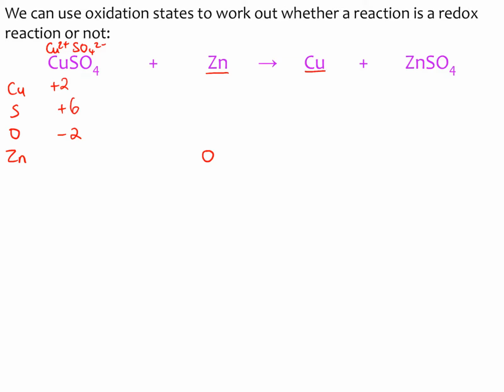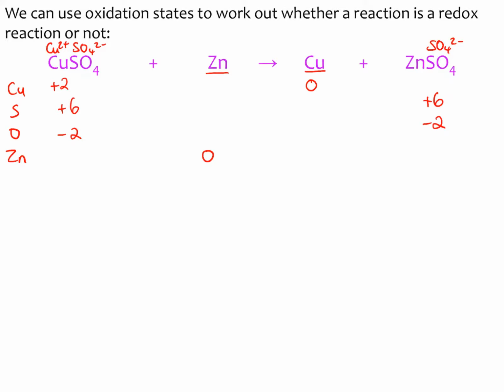After the reaction has occurred, copper is now an element, and that means that the copper's oxidation state is 0. Sulfur is still part of the sulfate ion, SO4 2-, so the sulfur hasn't actually changed, and the sulfur will be +6 after the reaction as well. Oxygen is also present in the sulfate ion and hasn't actually chemically changed.